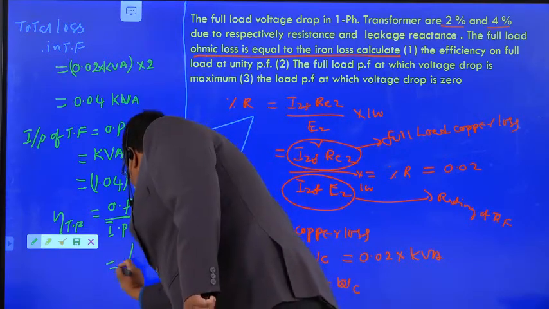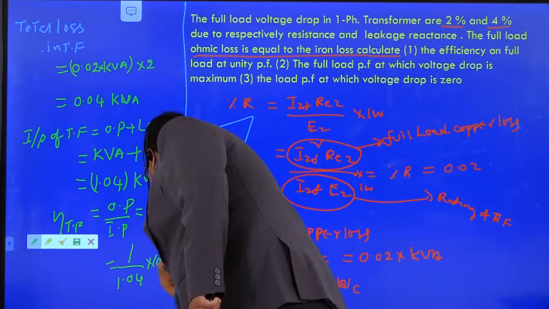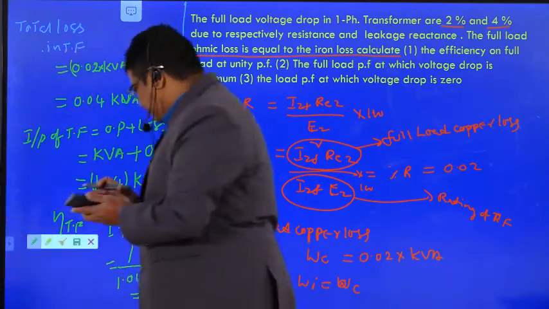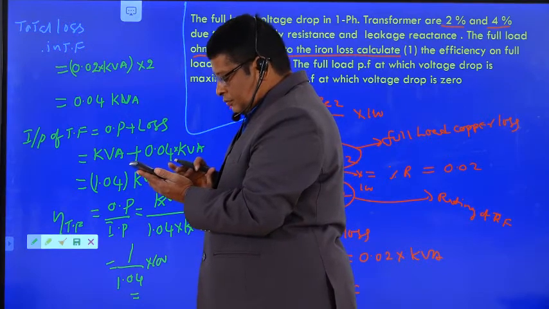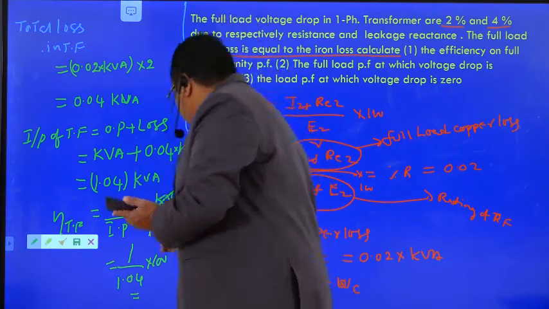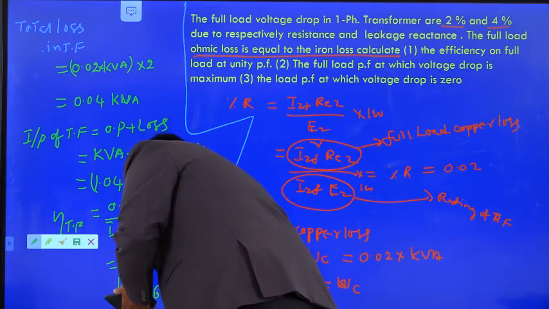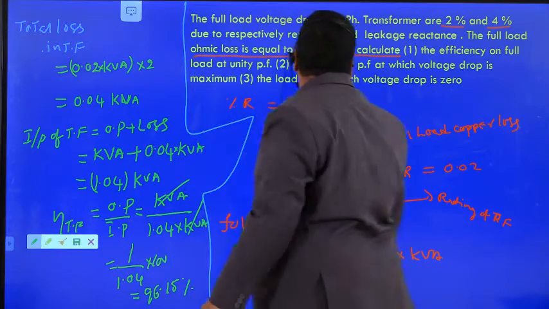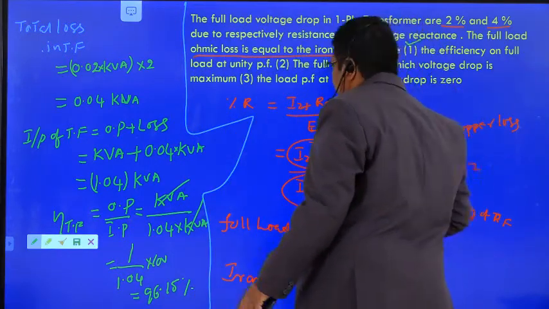So 1 by 1.04 into 100 gives 96.15%. This is the efficiency of the transformer at full load. The first one is over.